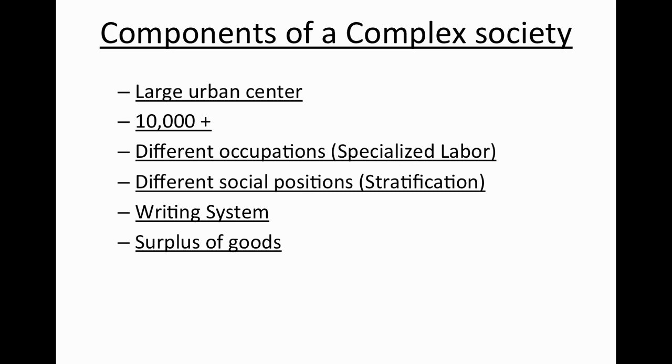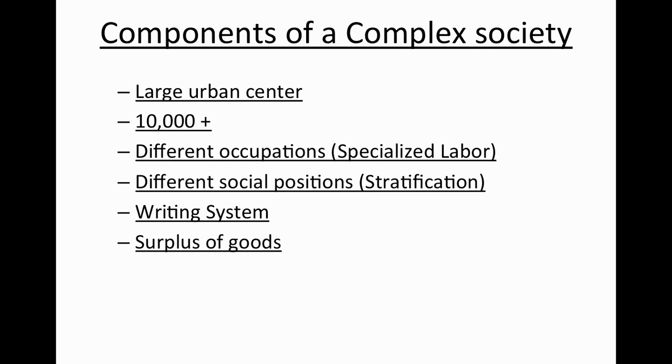All right, so be familiar with the components of a complex society. The Paleo people were not that complex, but the people of Egypt were. In these complex societies during the Neolithic era, you're going to see large urban centers, right? Cities like Uruk, 10,000 or more people. Specialized labor. You're not just going to have farmers.